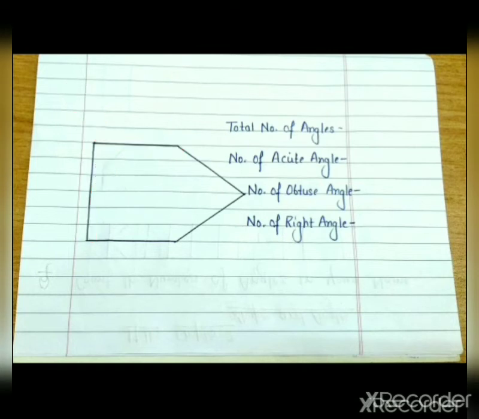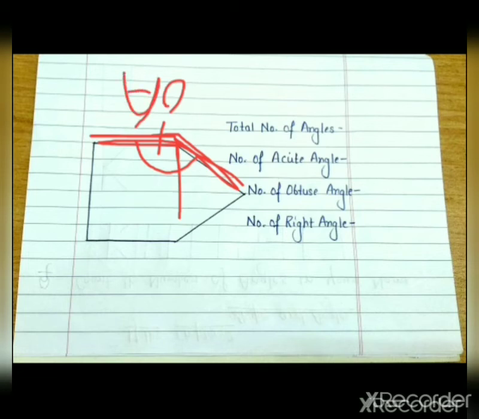Now the third one. This time consider this as a baseline, and this would be equal to 90 degrees. But here this is not given, the line is this. So this line is making an angle with this line which is greater than 90 degrees. So this angle is an obtuse angle. Now consider this as a baseline.